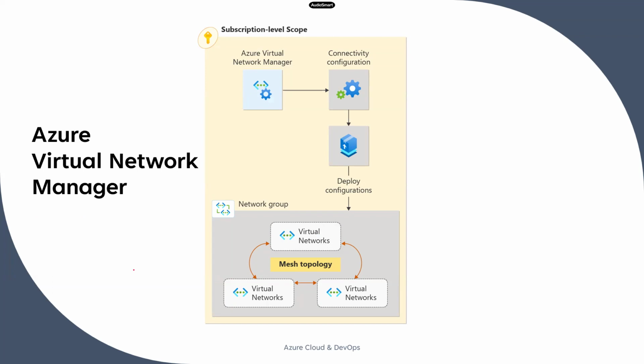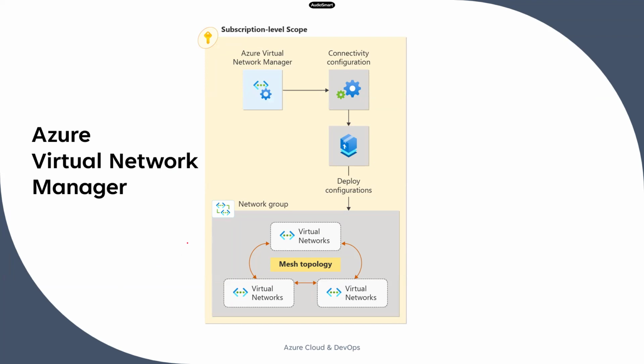I just wanted you to understand it is a service and what it is used for. Normally we don't need to use this a lot, but it will help us manage virtual networks easily. Just try to understand this. Because it will help us create that hub and scope also. So multiple VNets we can create easily by using this virtual network manager.